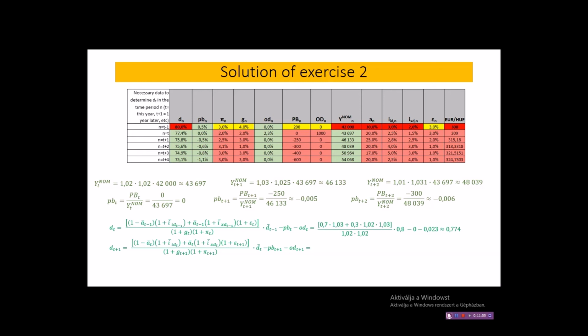As you can see, 1 minus at, we are taking into account a in the t period, which was 20%, so the result will be 1 minus 0.2, that is 0.8. id in the t period was 2.5%, so we are going to multiply 0.8 by 1.025. Then it is followed by at, this is 0.2, and I xdt and epsilon t plus 1, the change of the exchange rate.